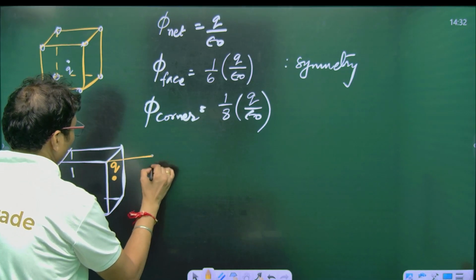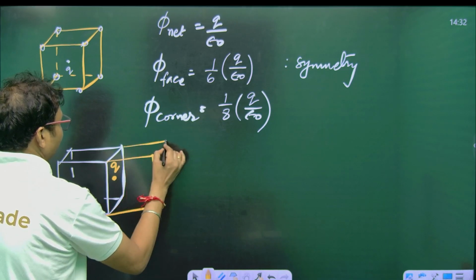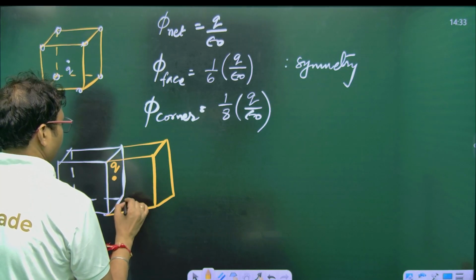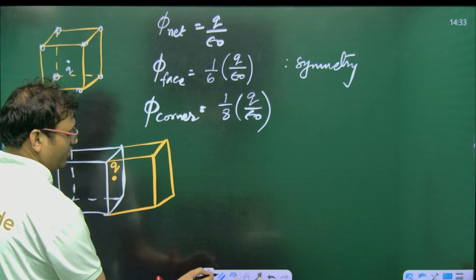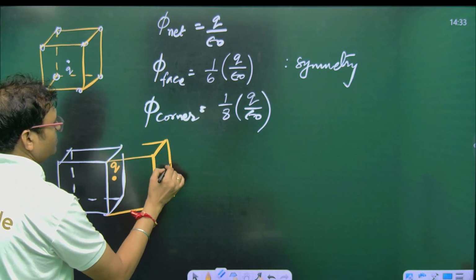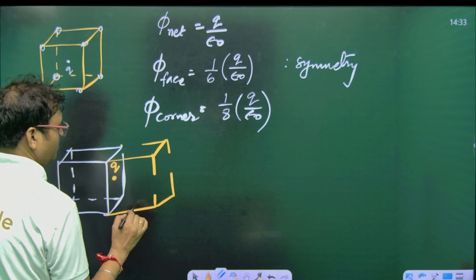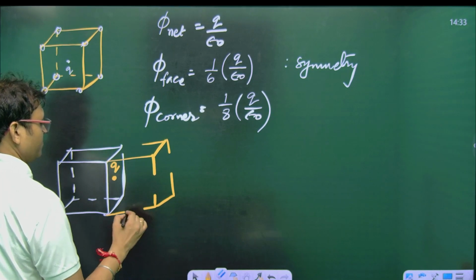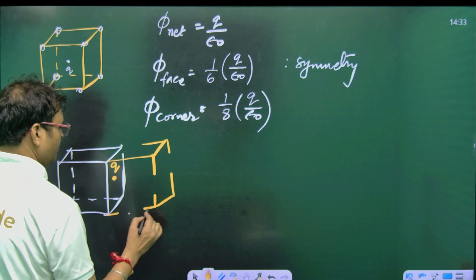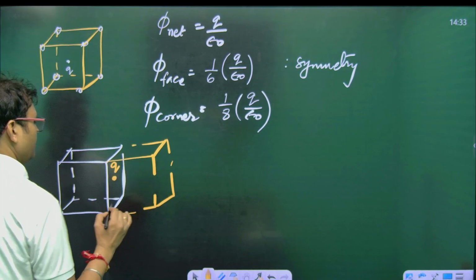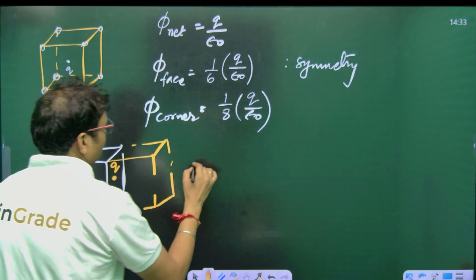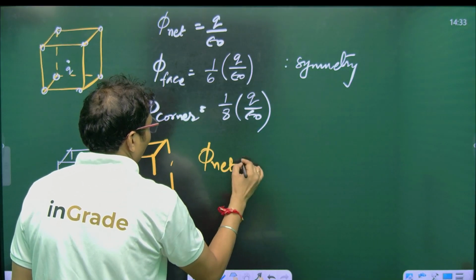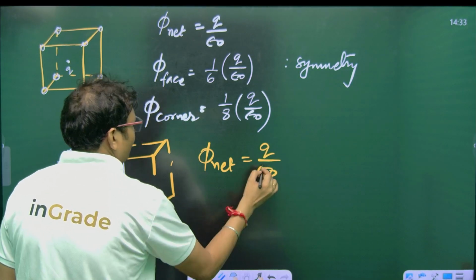So to make it an enclosure, we need to have another imaginary cube. So this is the enclosure. So we can say phi net will be equal to q upon epsilon naught.